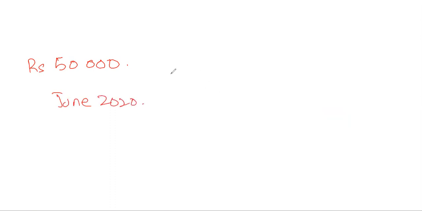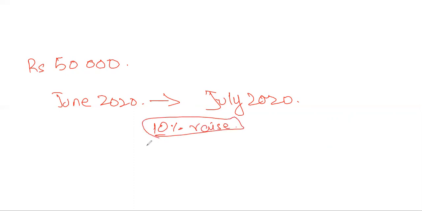From July 2020 onwards, Ali got a raise in his salary of 10%. His salary increased by 10%. So the question is asking, what will be his salary in July 2020?